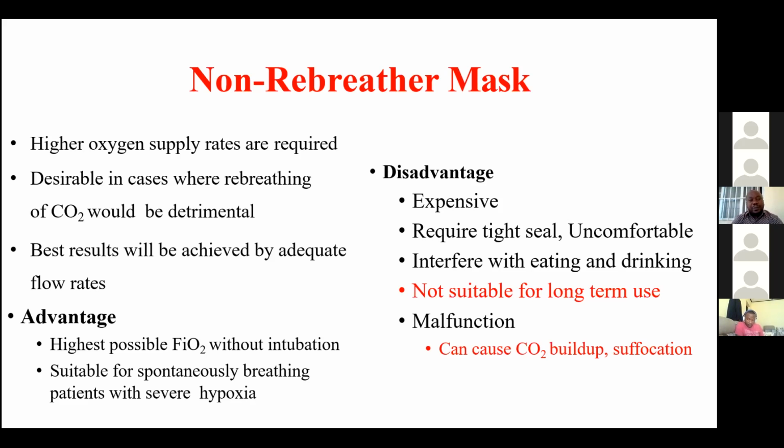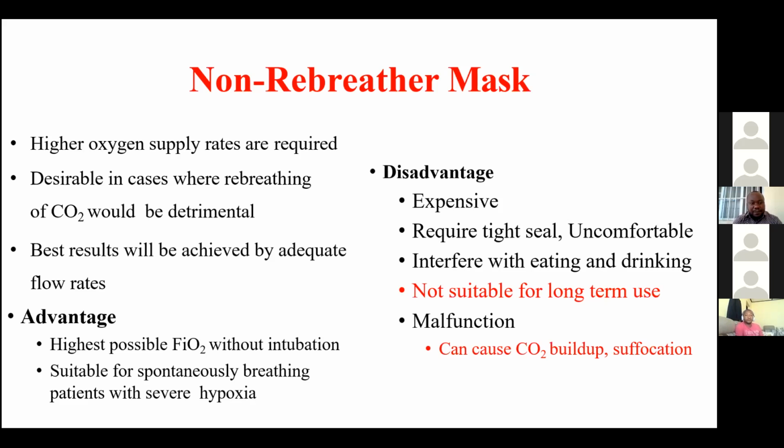It is used when the patient needs oxygen supply at a high rate or high flow, while we are giving appropriate and adequate flow rates. As we said, the non-rebreather mask may be used up to 15 liters.